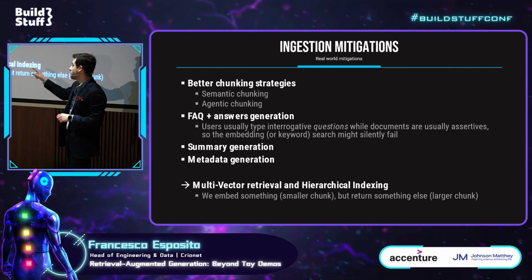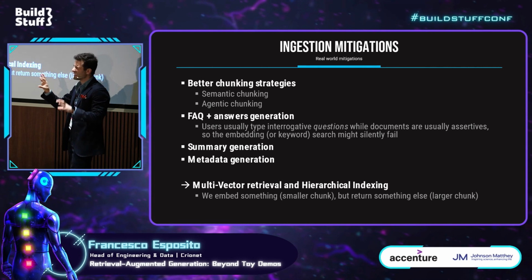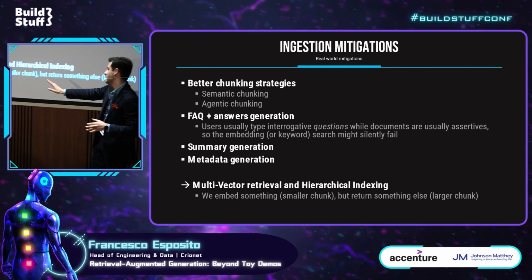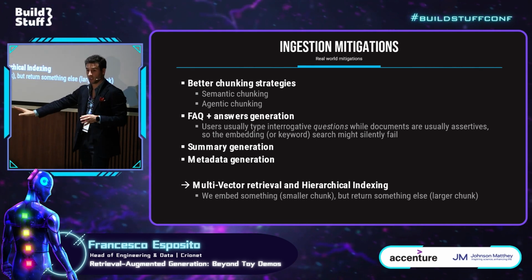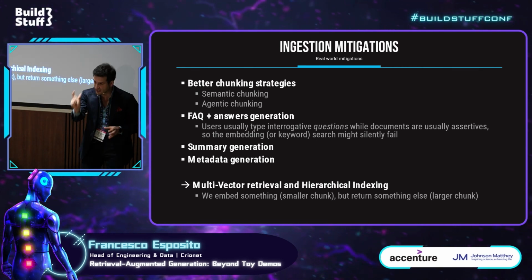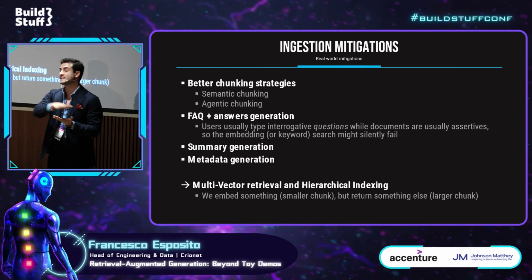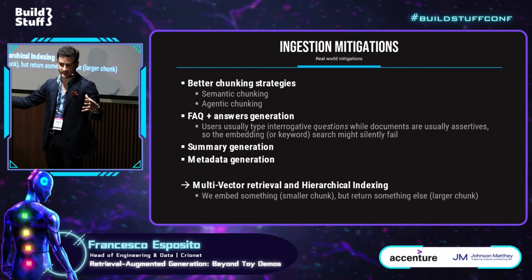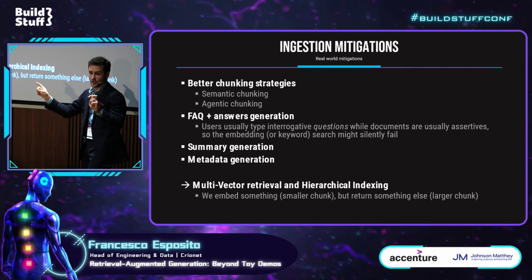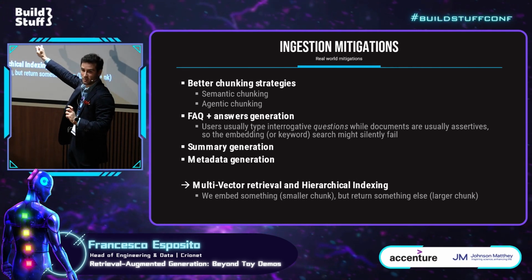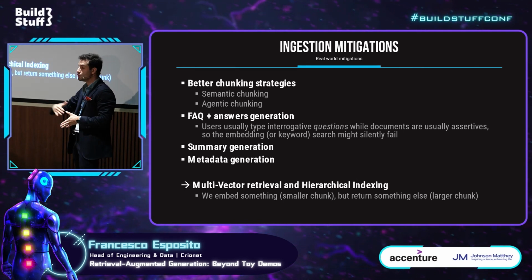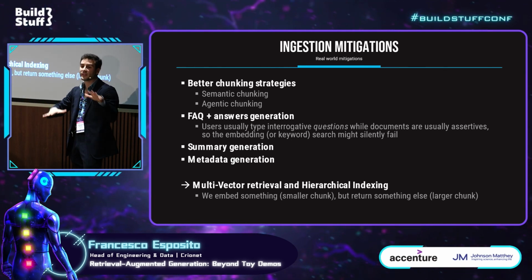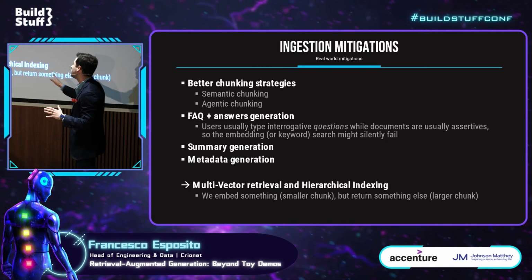One more approach that works pretty well, and it's kind of general, is the multi-vector retrieval. So we embed something, usually a smaller specific chunk, but then we retrieve a larger chunk to give context. This is the cheaper version of the agentic chunking before. Agentic chunking on huge data sets can be very, very expensive. We can mitigate this using multi-vector retrieval.